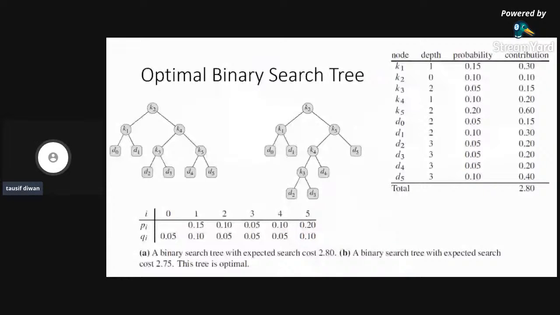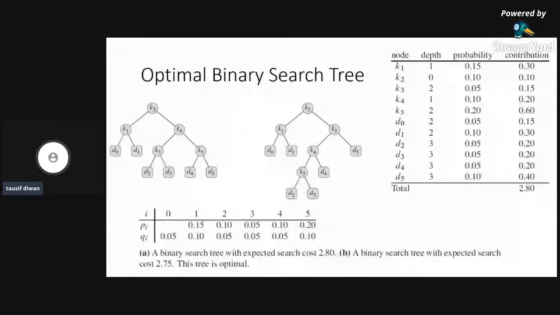And if you calculate the cost of this particular tree, then it comes out to be 2.75. How can it be computed? I'm considering the contribution. What is the contribution of K2? It is depth 0. What is the probability of K2? The probability of K2 is 0.1. So 0.1 is the contribution. What is the contribution of D2?